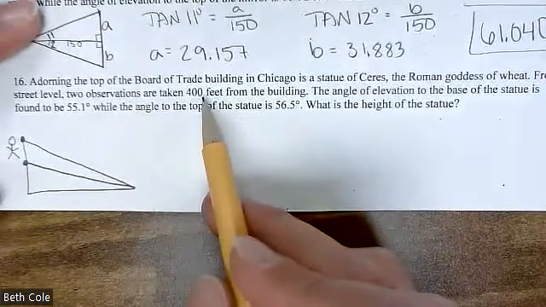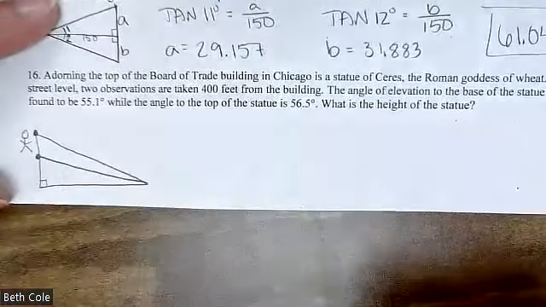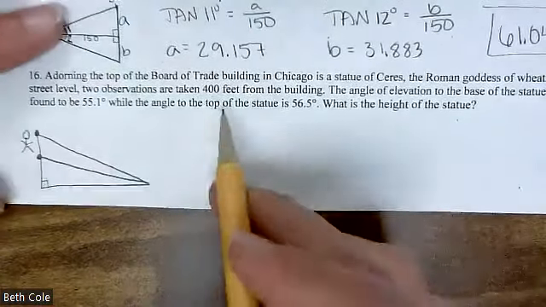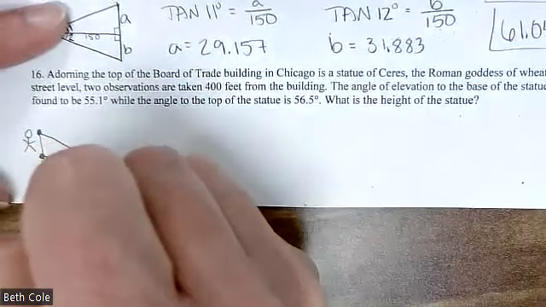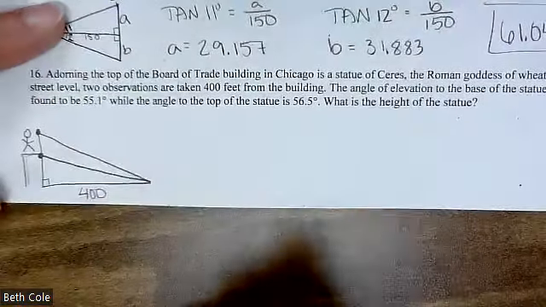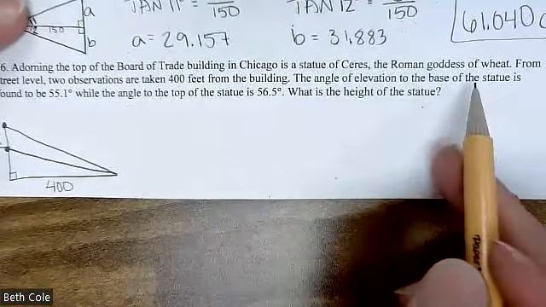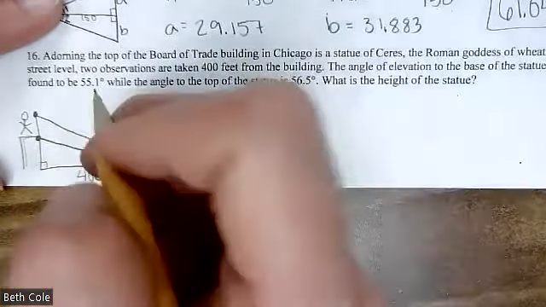From street level, 2 observations are taken 400 feet from the building. So where does the 400 go? If you're 400 feet from the building, this is the building. Yeah, the horizontal part, like she's on top of the building. Angle to the base of the structure, so to her feet, is 55.1.